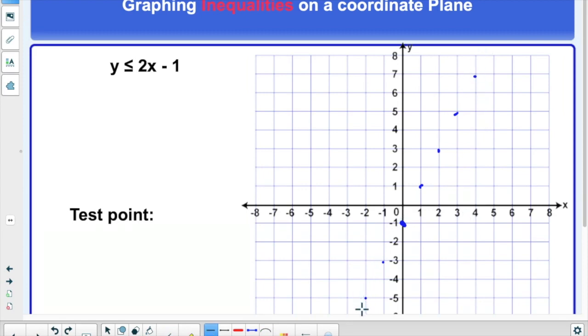I'm going to just draw this solid line. And now I'm going to shade in a specific area to represent where all the y values are less than 2x minus 1. It's either going to be in this area over here or in this area over here. Your line is going to split your graph up into two different sections.